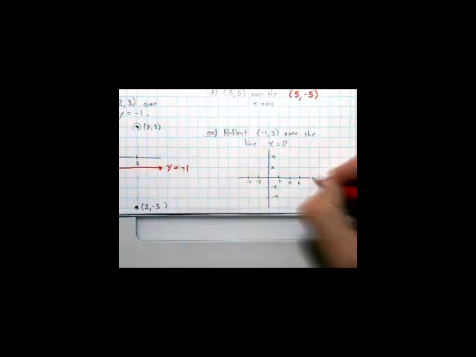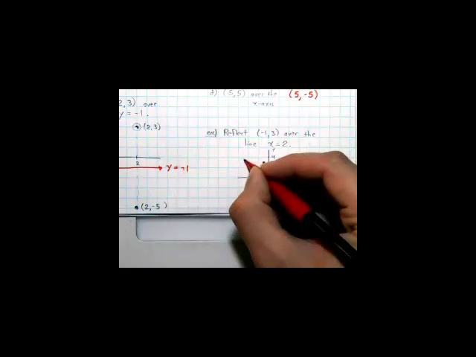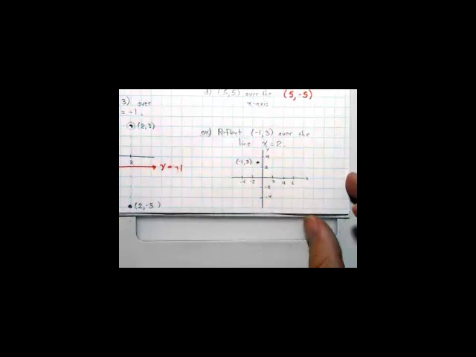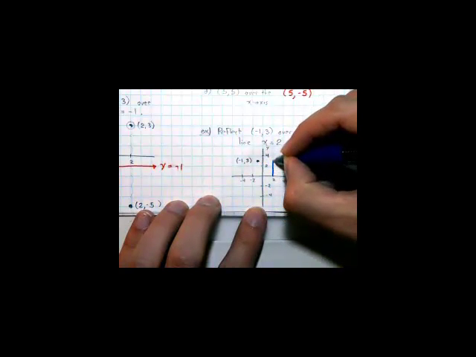Okay, so there's my x-axis, there's my y-axis. So my point negative 1, 3 is going to be sitting right here. And I want to reflect it over the vertical line, x equals 2. So that's here.